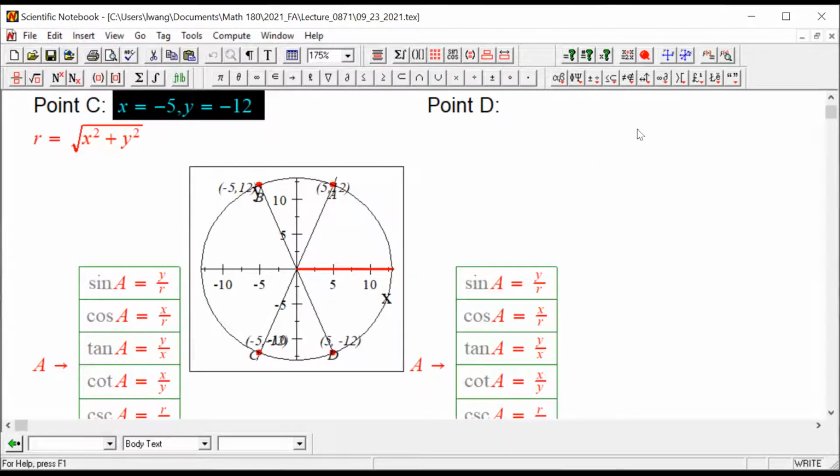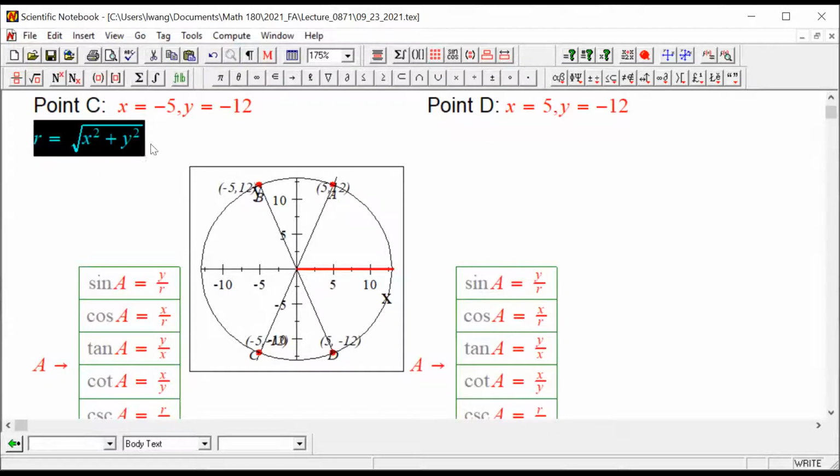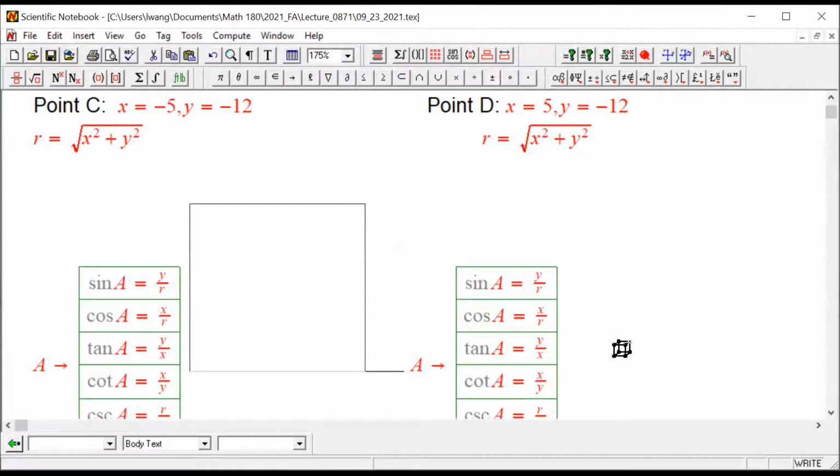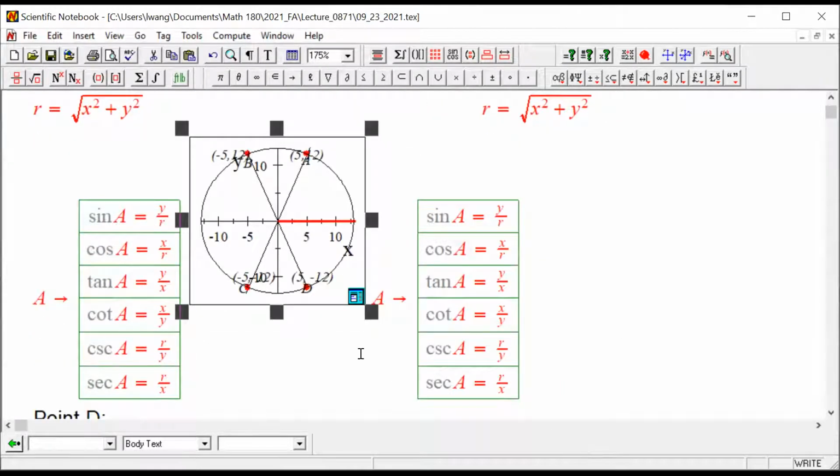And the next one, the D point, X is positive 5, Y is negative 12. And for R, you're gonna use the same formula to find R. And then you just plug in.